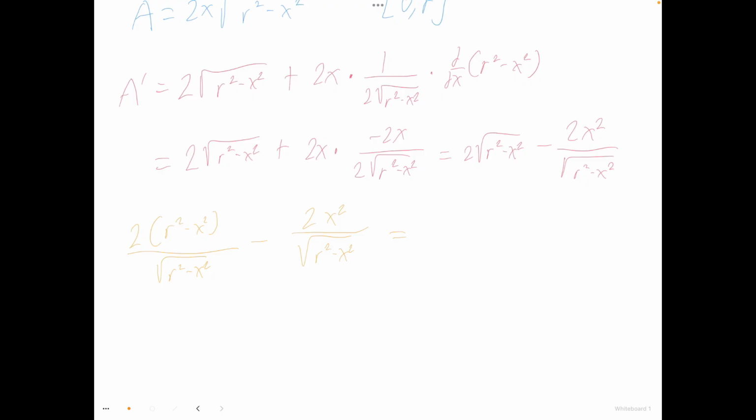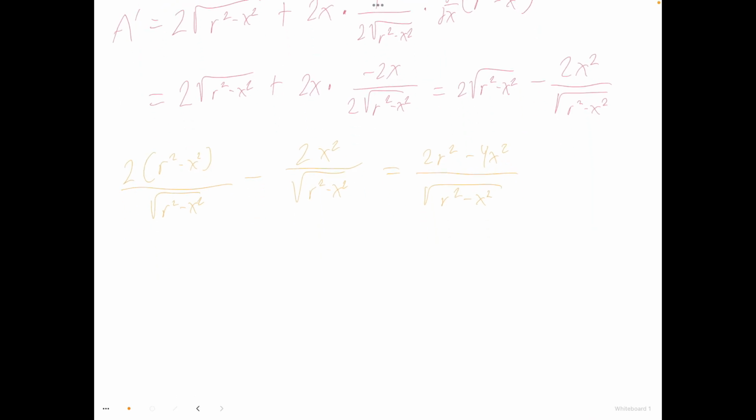And so this then becomes 2r squared minus 4x squared divided by the square root of r squared minus x squared. Okay, and so this then is going to be the thing we want to set equal to 0. So we're finding critical points again. So we set this equal to 0.